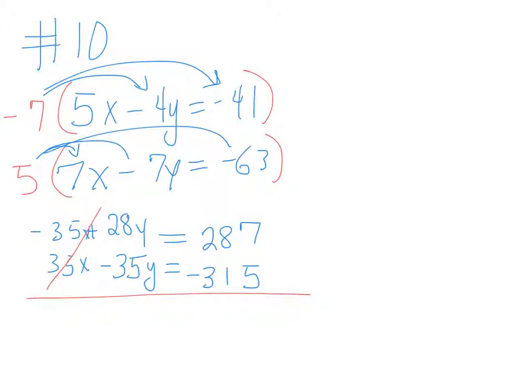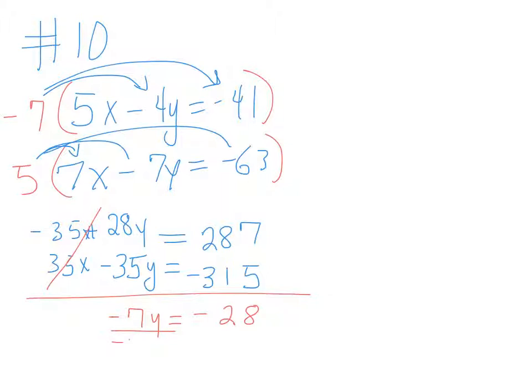Combine the equations. The x's cancel out. The y's, that's going to be negative 7y when you combine that. And for the numbers, let's see, you have to subtract 287 from 315. Borrow, that would be 2, so it's 28, and that would be negative.